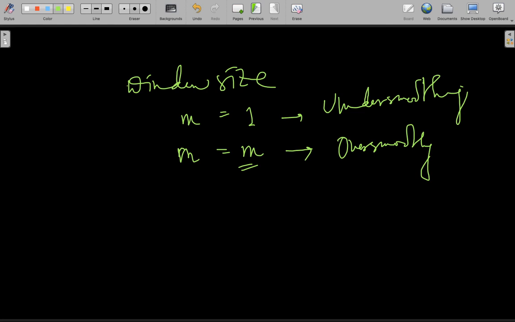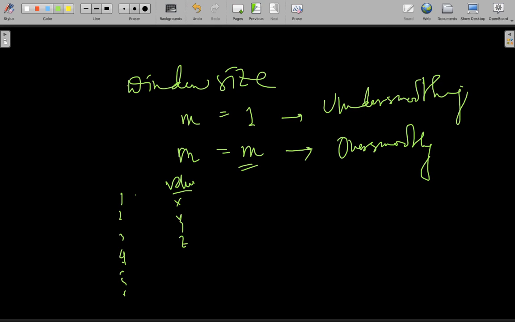Suppose you have a time series, say 1 2 3 4 5 6, and you get different values x y z a b c. Suppose you take a 2 period forecast.